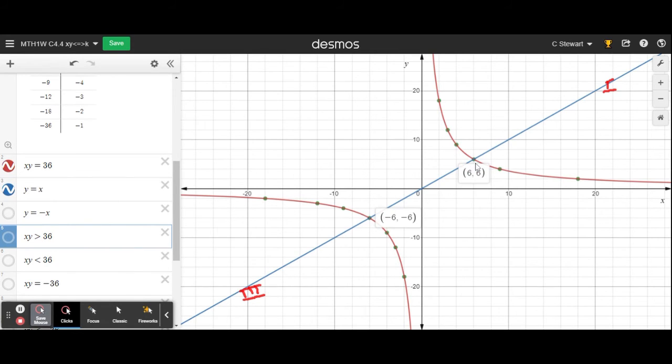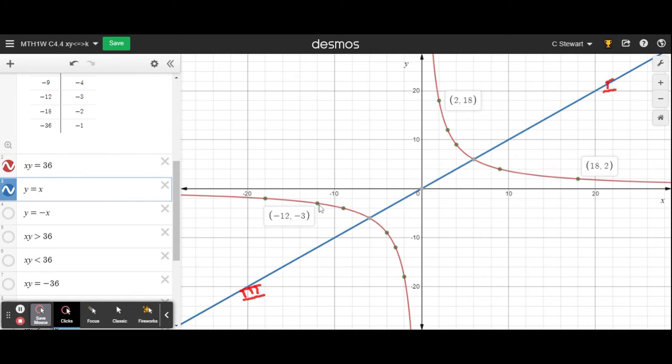Something else to take note of is also that this line, y equals x, this highlighted line, acts as a line of reflection. So for instance, if I were to take this point here, (18, 2), and compare it to this here, (2, 18), you'll notice that the x and y coordinates have completely shifted roles. Same thing here. Let's go to quadrant 3. Let's examine these two points.